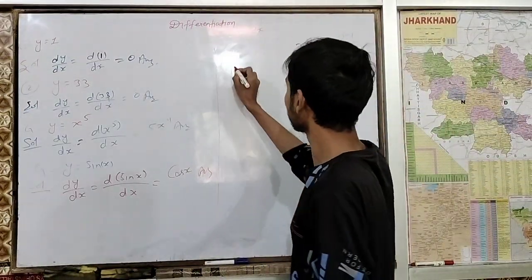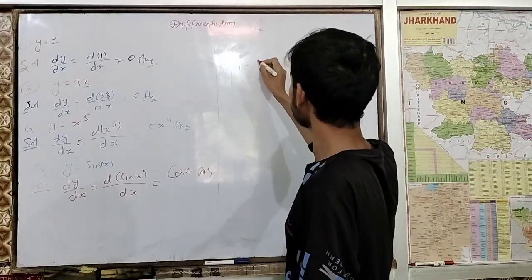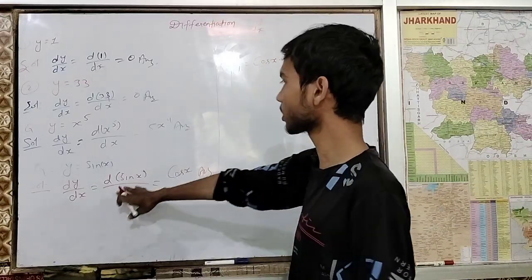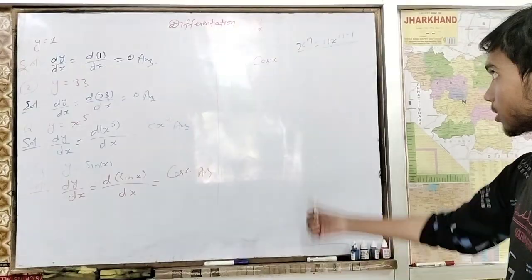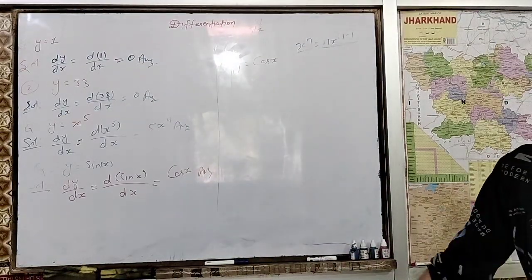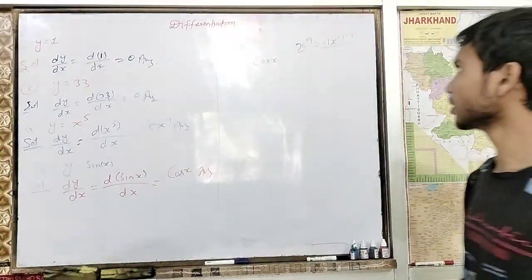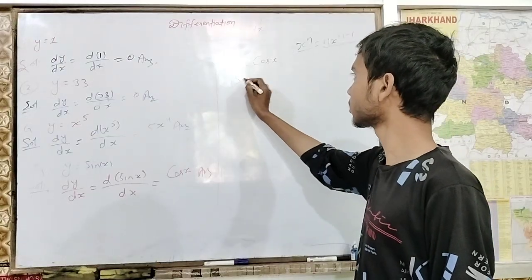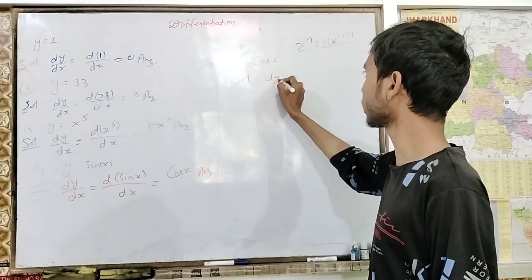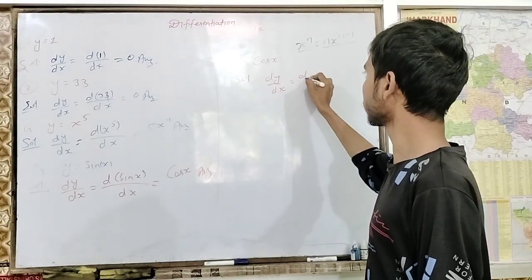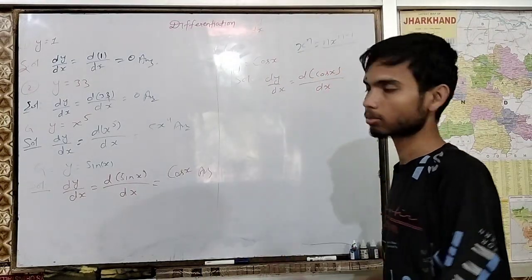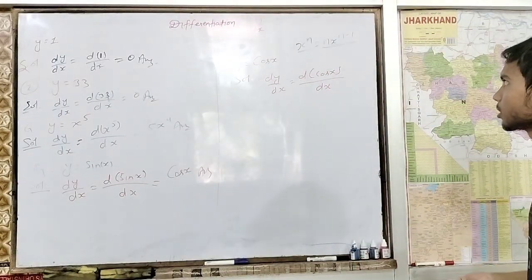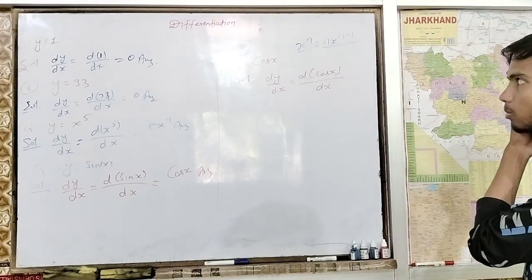Now next. What if y is a cos x? In the previous case y was sin x, but in another question y is cos x. To solve this, dy upon dx is d into cos x upon dx.